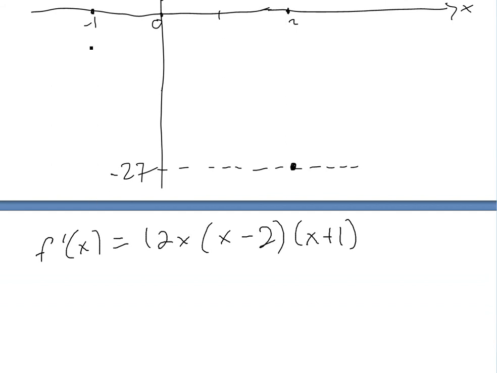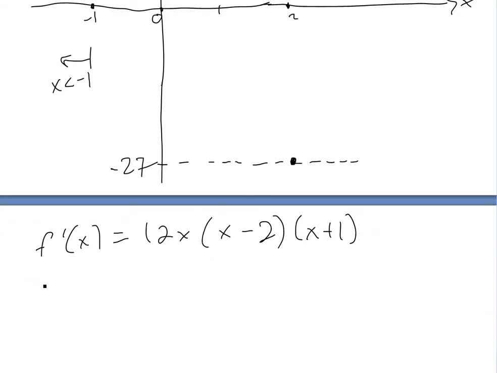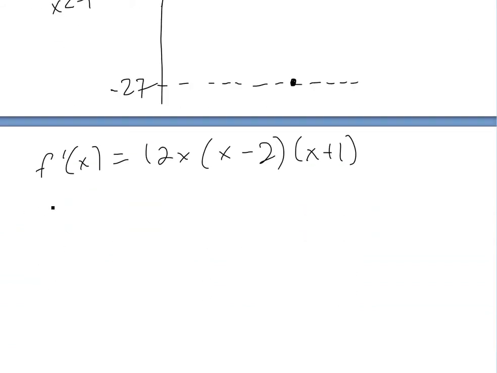So for our first interval, x is less than -1. Let's just make a table of this. If you put anything less than -1 here, this 12x will be negative, and x minus 2 would be negative as well, because if you put, let's say, -2 minus 2, that's -4, so we'll have a negative here.